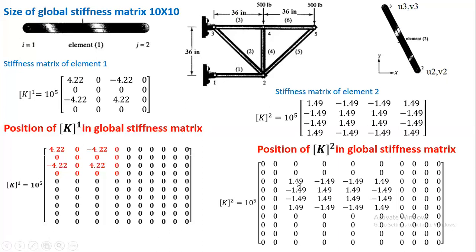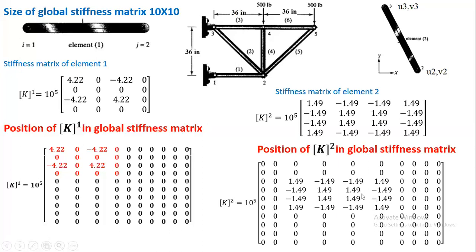Okay, now the same thing in the downward direction. You see here 3 3, 3 4, 3 5, 3 6, then 4 3, 4 4, 4 5, 4 6, then 5 3, 5 4, 5 5, 5 6, next 6 3, 6 4, 6 5 and 6 6.